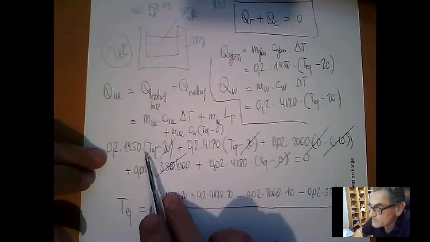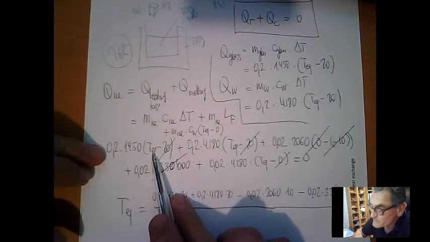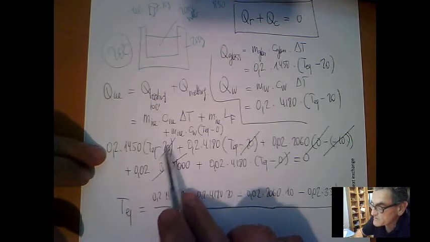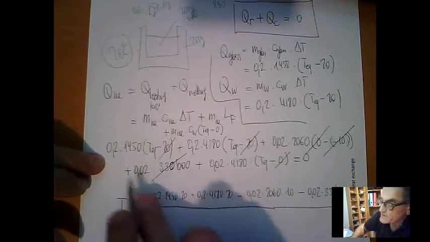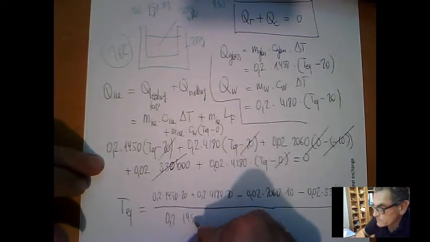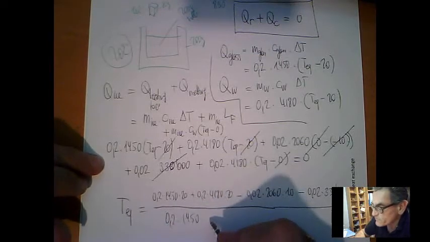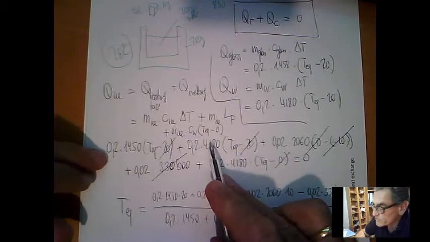The denominator is the sum of the factors of Tx, because we can write all these terms as Tx times something, so Tx will be this numerator divided by the factors in front of Tx. So it's 0.2 times 1450 plus 0.2 times 4180 from here.